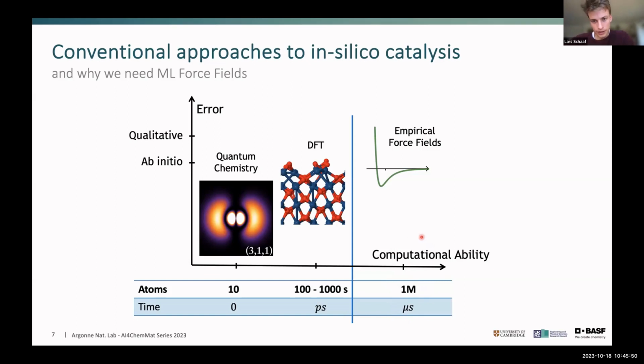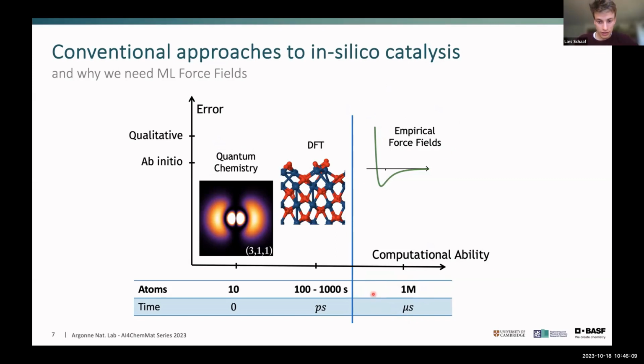And there's really a clear cut here, where we're starting off with something that is ab initio, just from physical laws, to then empirical force fields that are parameterized, and we try to adjust such that we can reproduce experimental observations.